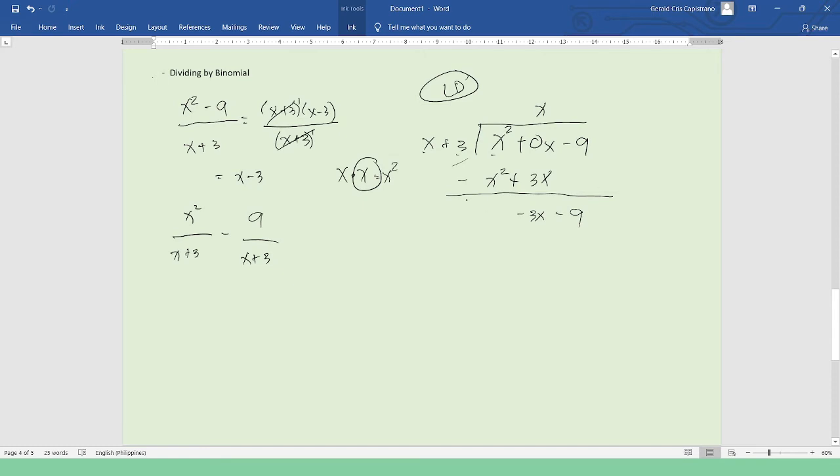Okay. So, pansinin lang natin class din, since we have divided using binomial, ang nasakop na agad nung long division natin ay ito na agad dalawa. Kung dalawa yung terms mo dito na sa divisor, dalawa rin yung terms na kailangan mong sakupin dito sa dividend natin.